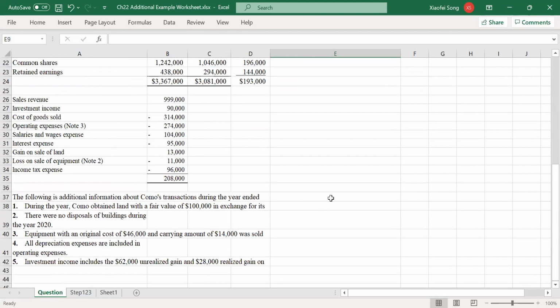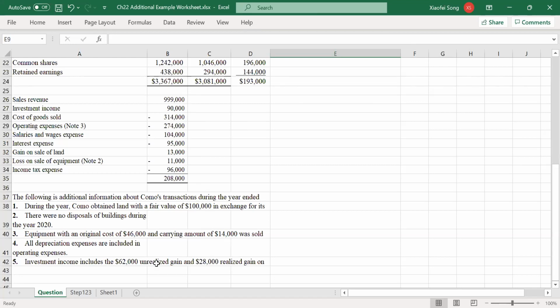So that's 18,000 increase. And associated with that, there is an operating investment income of $90,000. The investment income includes 62,000 unrealized gain and the 28,000 realized gain.